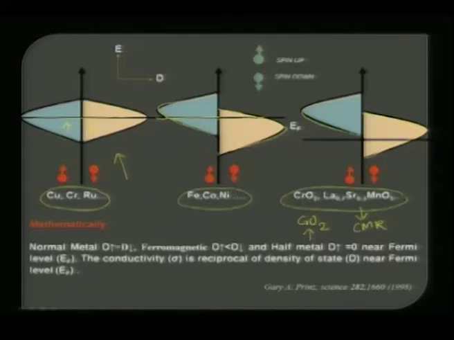Therefore, the conduction can come from one of the spin bands, the other being completely devoid of the Fermi level. In such a case, this is called a half metallic ferromagnet.